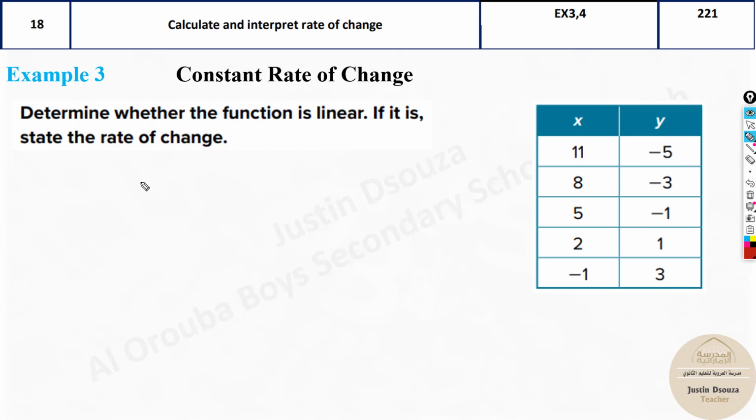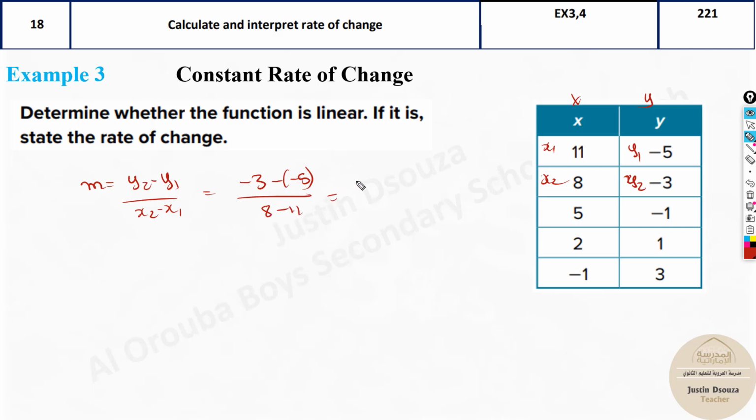Here, what you need to do is use the slope formula. You have x and you have y. So this will become x1, x2, y1, y2. So basically, m can be given as y2 minus y1 divided by x2 minus x1. We can use this to find the slope, that is -3 minus -5 divided by 8 minus 11.